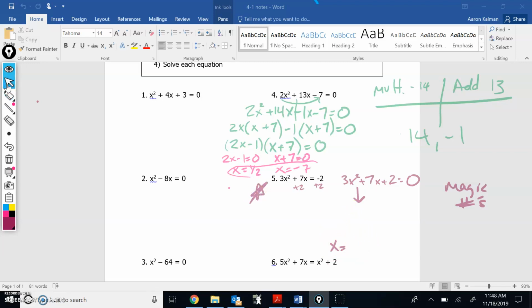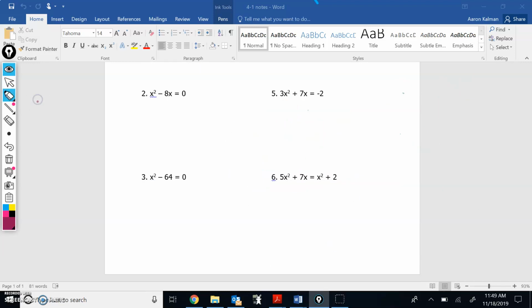Number 6, let's do that one. Let's move over everything to the left. Minus x squared, minus x squared. So we have 4x squared plus 7x, and then I'm going to minus 2 over as well. And you just leave the 2 on the side because there's no other like terms to combine this with.